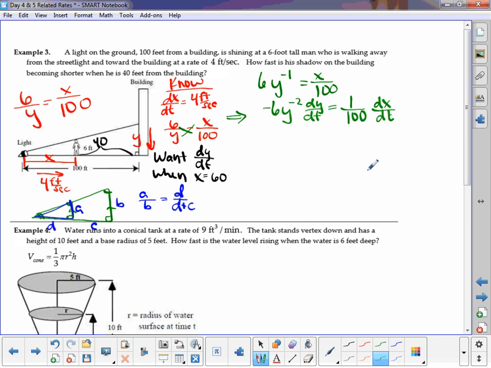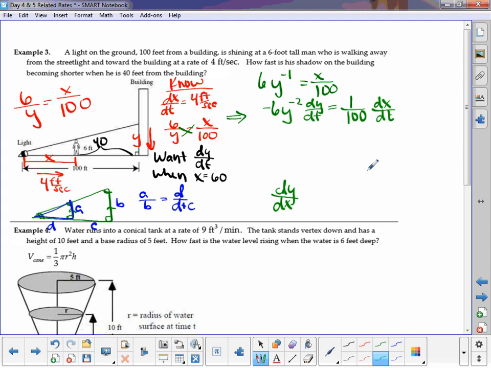Other questions so far? Why did I put the dy/dt? Before, when we did implicit differentiation, we were looking for dy/dx, right? So x was the variable I was taking the derivative with respect to. But now I'm doing it with respect to t. So anything that's not t, I have to do that implicit afterward.